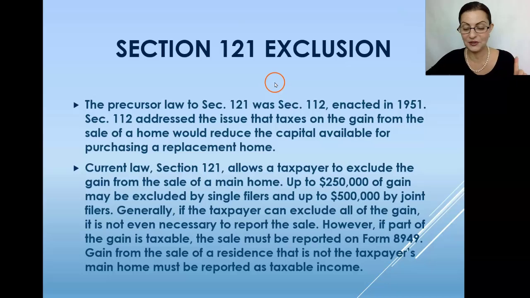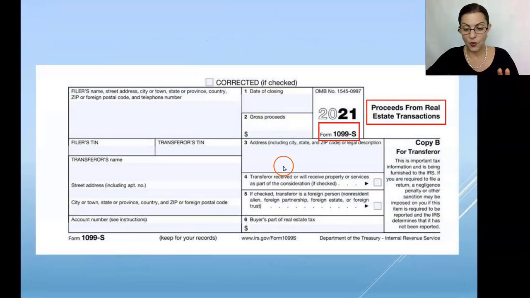That's technically true. But I just want to tell you right now that one of the most common types of underreporter notices that I have seen in my career is from taxpayers who had the sale of a main home. They were allowed to exclude all the gain, but then the escrow company issued a 1099-S, that's the form for the sale of real property.